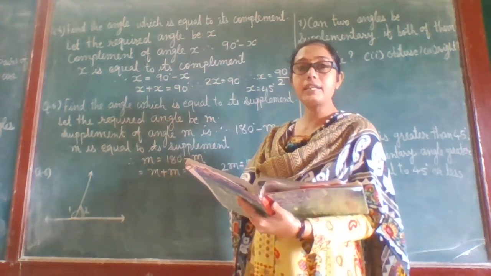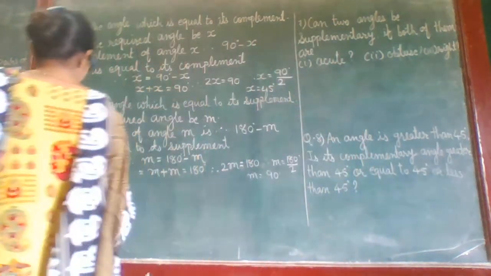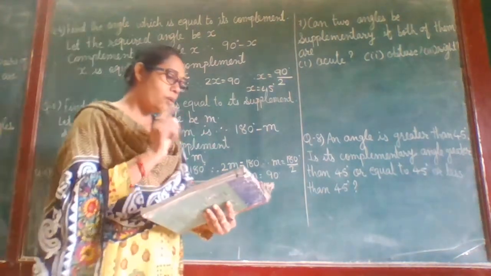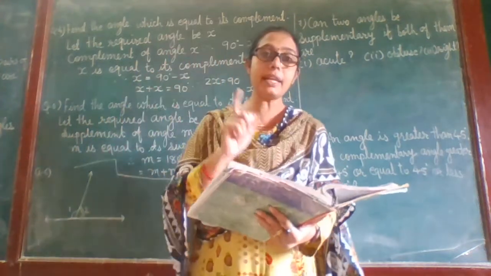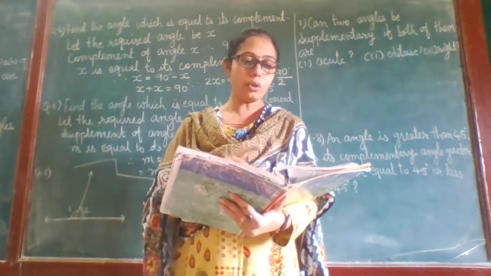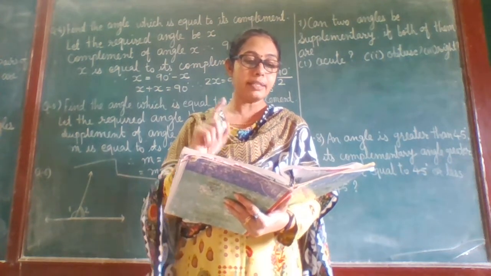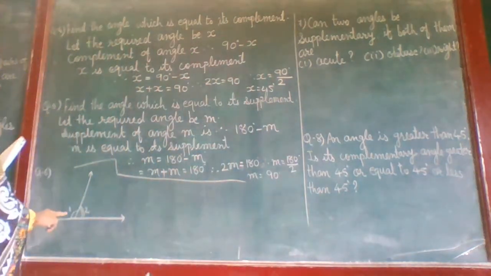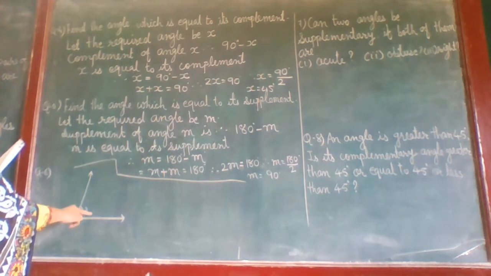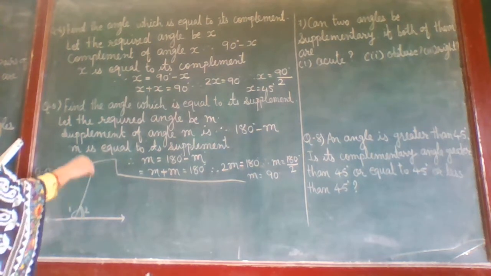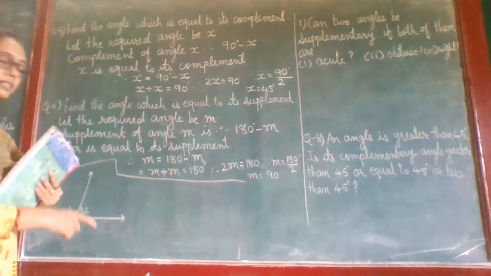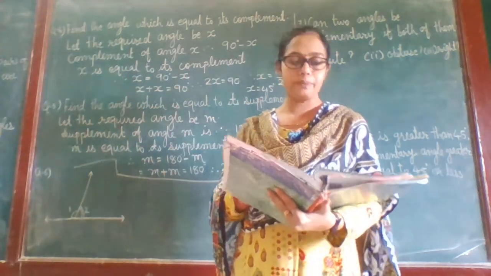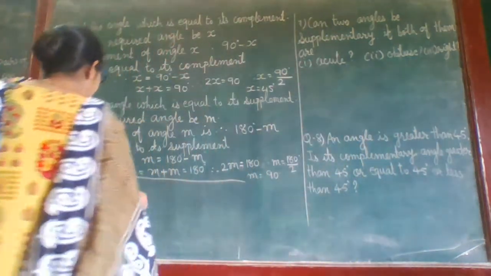If angle 1 is decreased, what changes should take place in angle 2 so that both the angles still remain supplementary? See, here we have to decrease angle 1. So what changes do we make in angle 2? After that change, angle 1 and angle 2 remain supplementary.